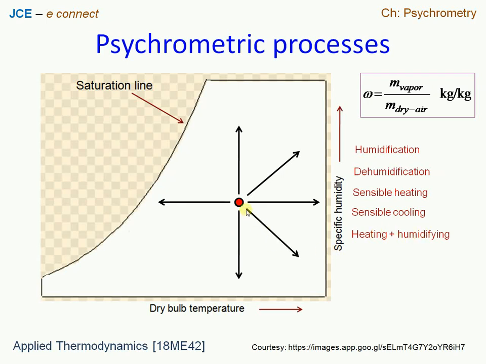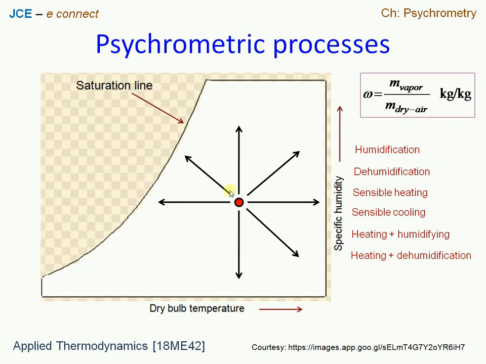Likewise, we have one more process here in the downhill trend, where the temperature is increasing, at the same time the specific humidity value is decreasing. Therefore we say that it is heating cum dehumidification, or it is also called chemical dehumidification.